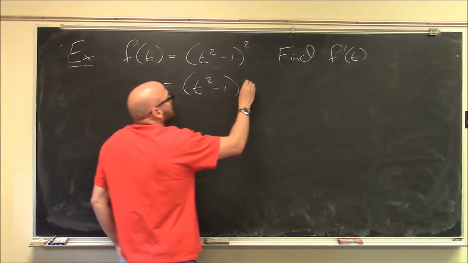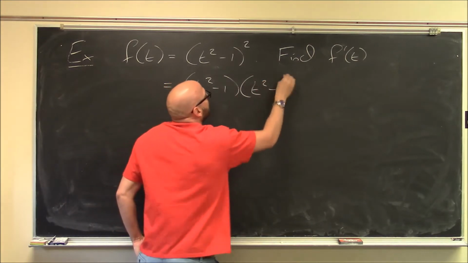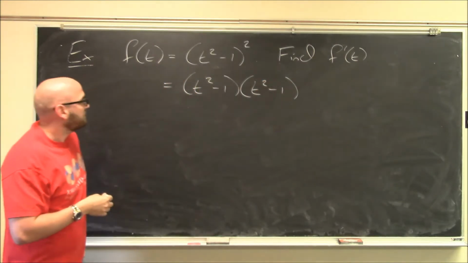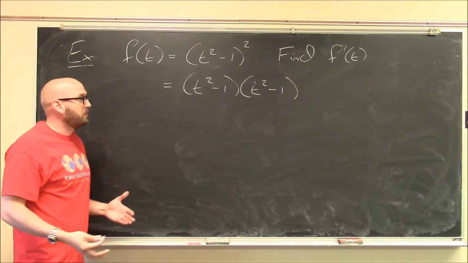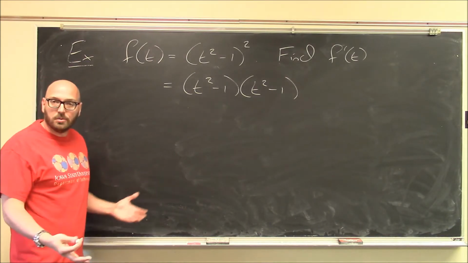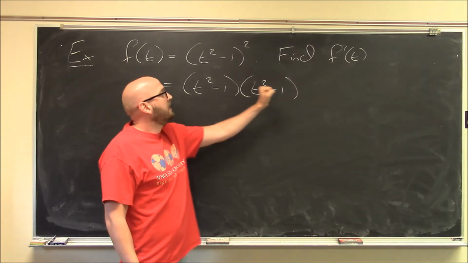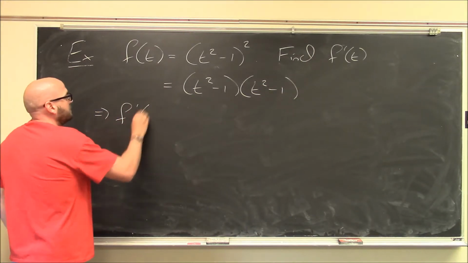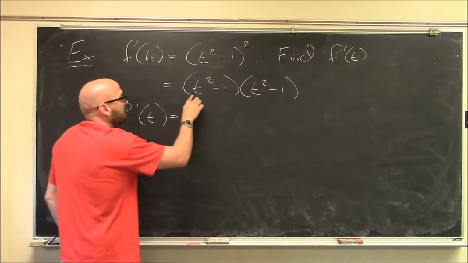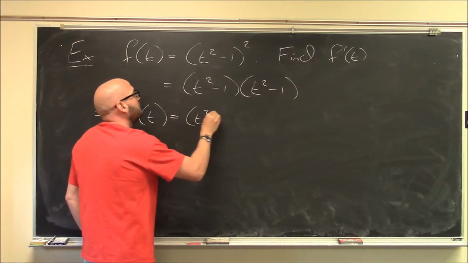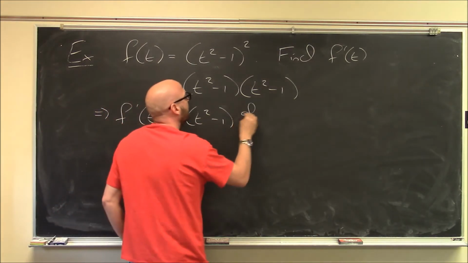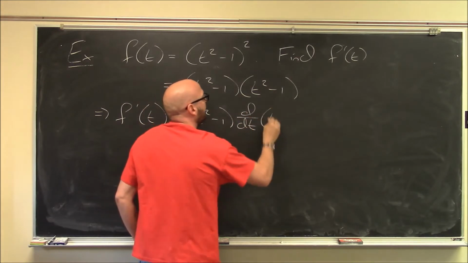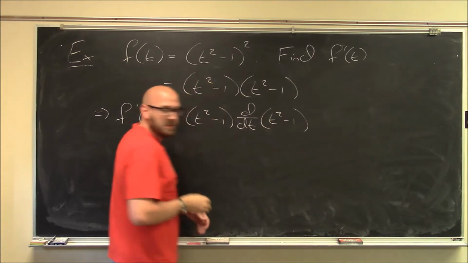It's actually t squared minus 1 times t squared minus 1. So if I think of it as a product, to find the derivative, I'm now going to use the product rule. It's one function times another function. So what's my derivative? Well, f prime of t is going to be the first function, t squared minus 1, times the derivative of the second function.